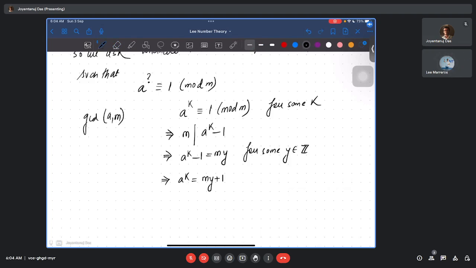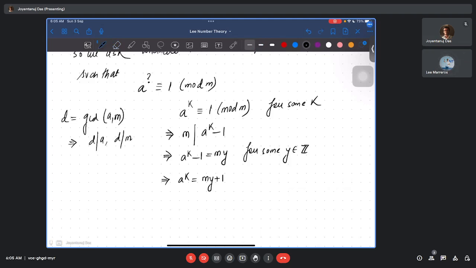From here, can we say anything about the GCD of a and m? Whether it has to be 1 or can it be greater than 1? Actually, you can say. Suppose we assume that D is the GCD of a and m. This implies that D divides a as well as D divides m.